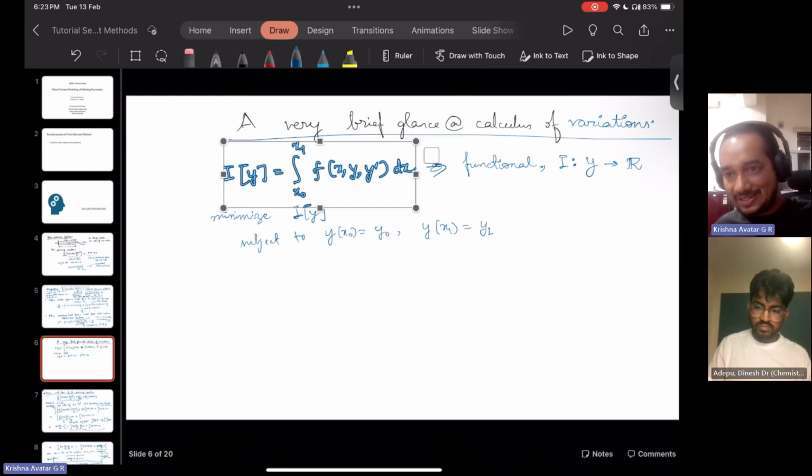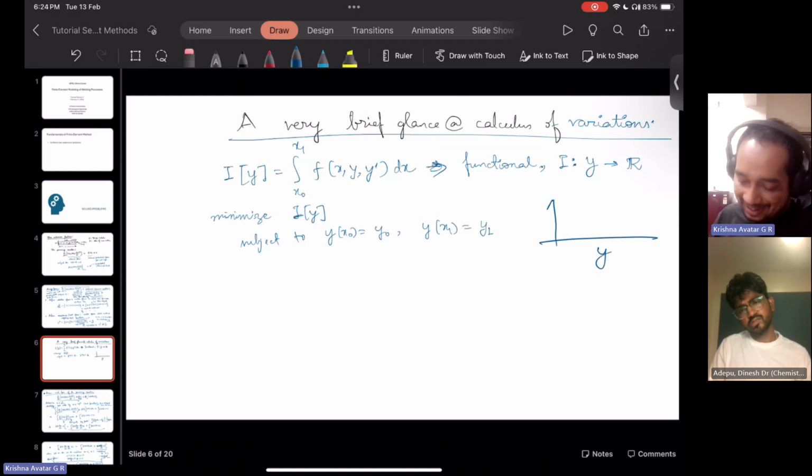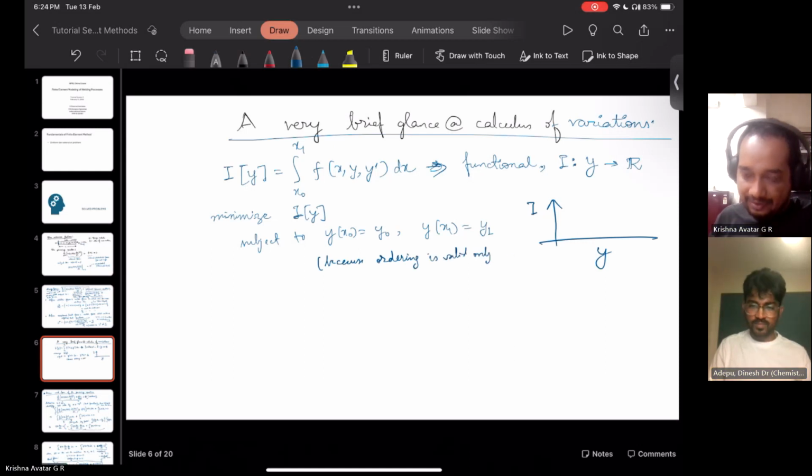Ordering is possible only on real numbers. So you cannot plot y versus I. That's not possible, because ordering is valid only on real numbers.